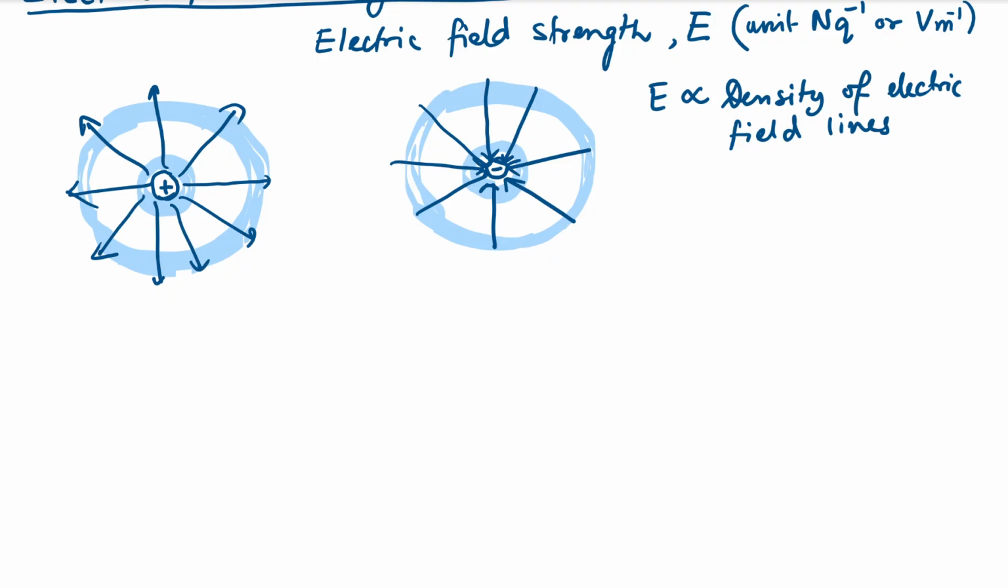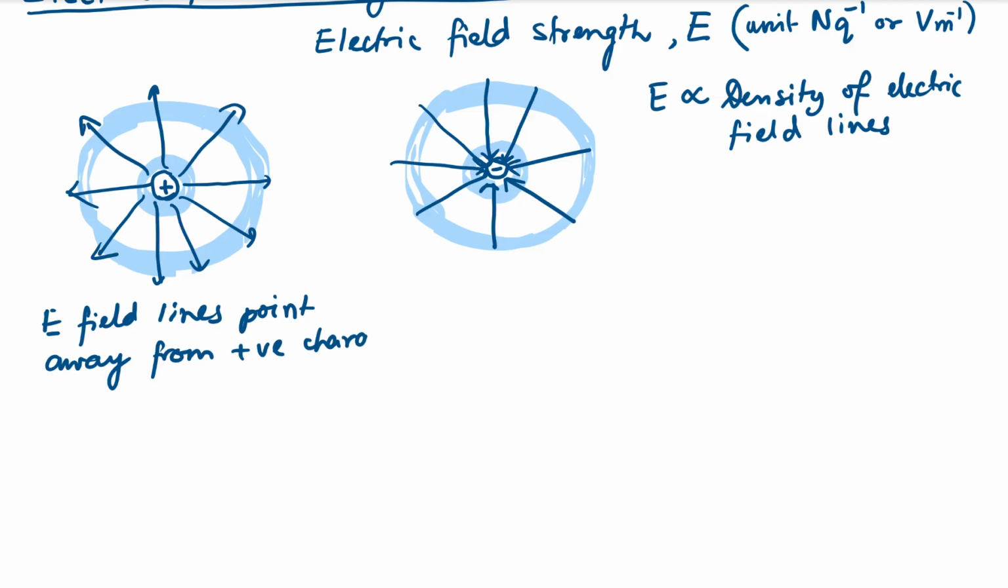And just remember that the electric field lines always point away or outwards from positive charges, and the E field lines always point towards the negative charge.